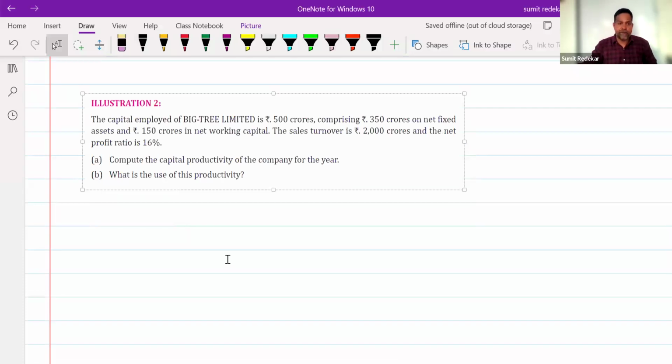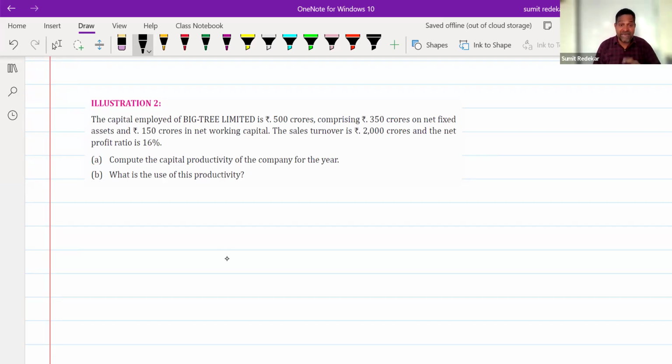The capital employed of Big Tree Limited is 500 crore, comprising of 350 crores on the net fixed asset and 150 crore on the net working capital. The sales turnover is 2000 crore and the net profit is 16%. What do you want? Compute the capital productivity of the company for the year.